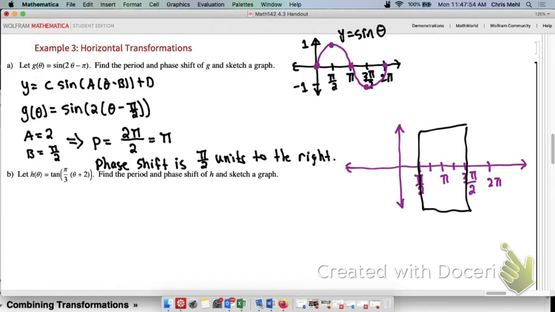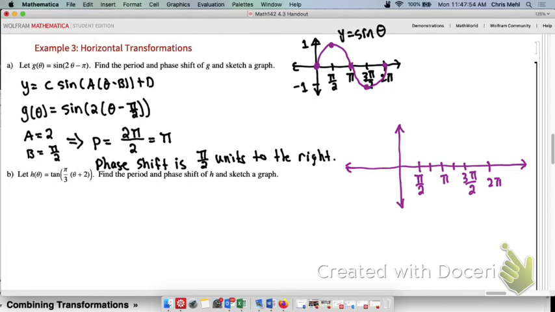Okay, and it's basically just going to be a copy of the fundamental cycle of sine, except you're going to alternate between 0, 1, 0, and -1 every pi over 4 units. So basically, here's what's going to happen.